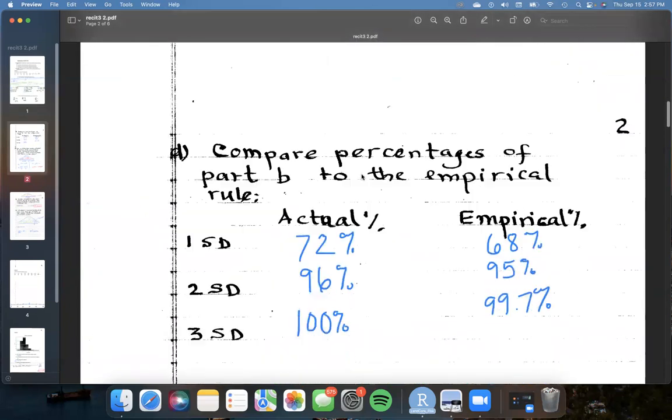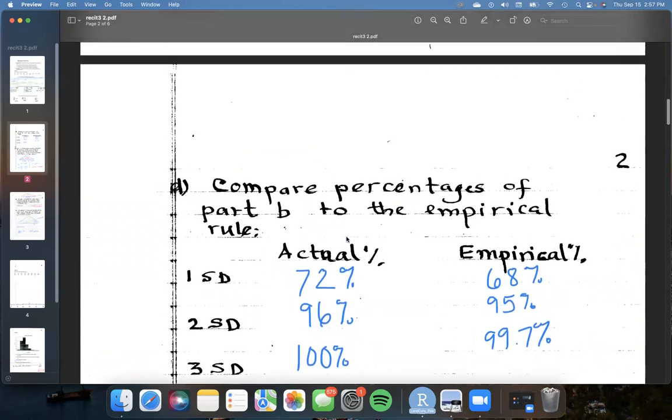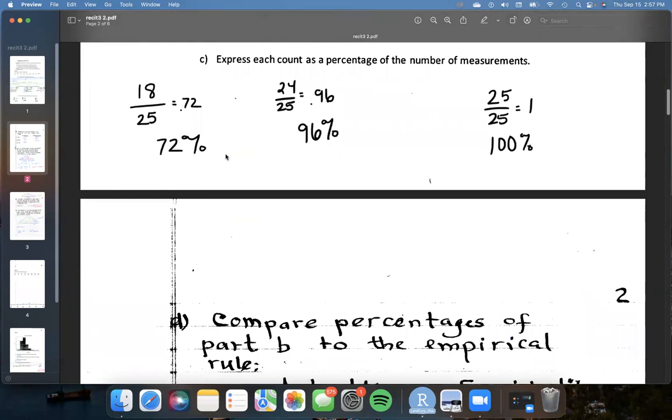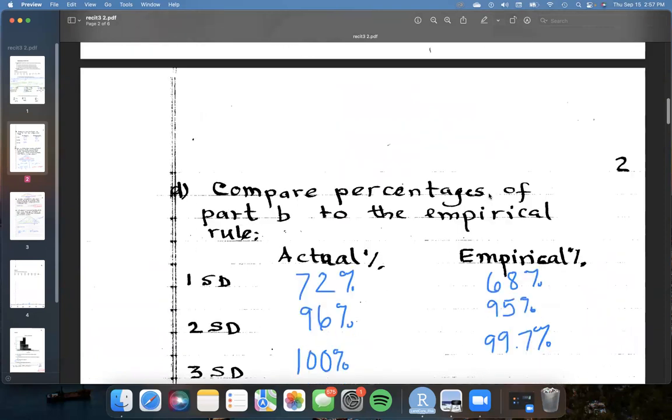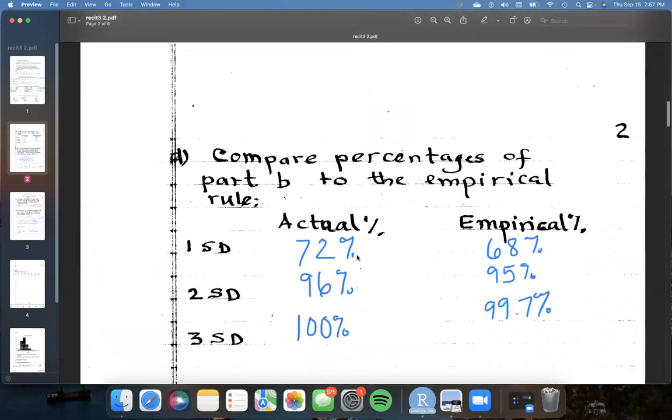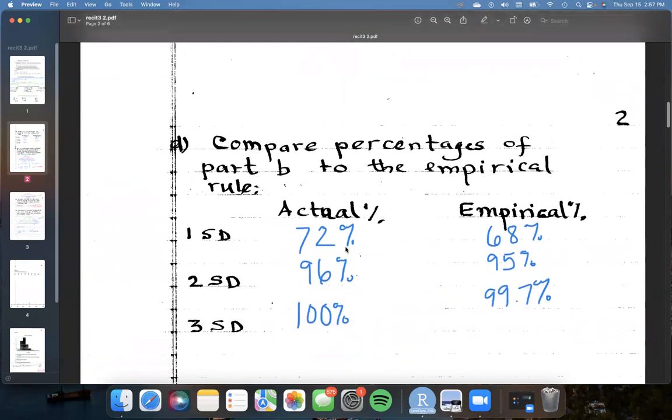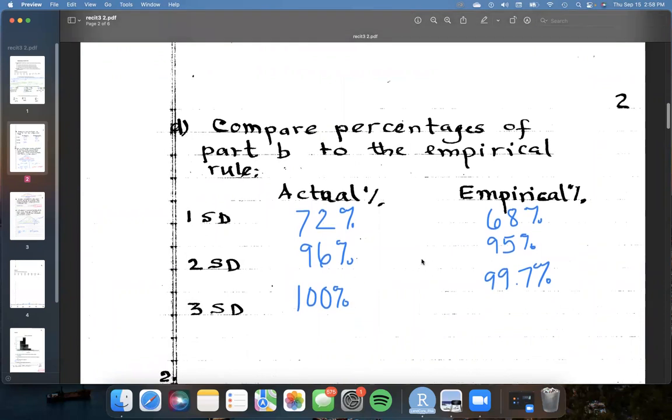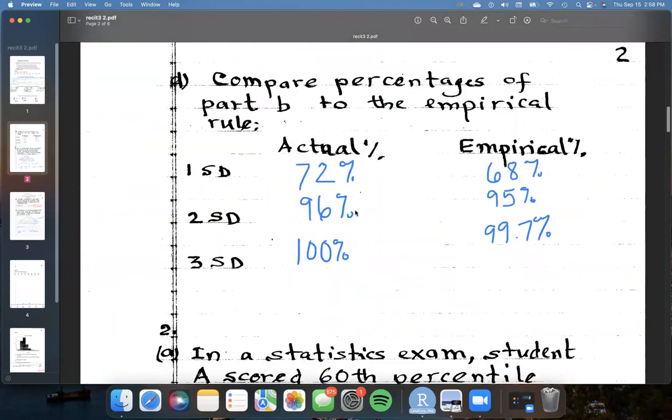So when you fill this out, this is from that empirical rule, and then this is what we actually got. So for 1 standard deviation, it was 72%, then 96%, then 100%. So we're comparing, and they're pretty close. They're all pretty close to each other, especially 2 standard deviations is really close. What we actually got versus the empirical rule.